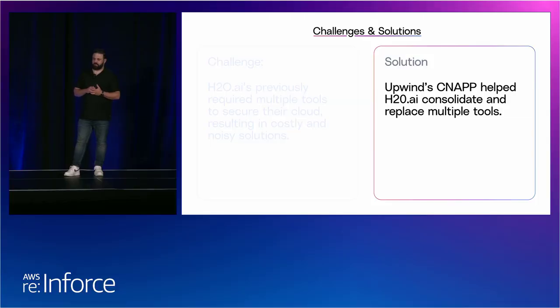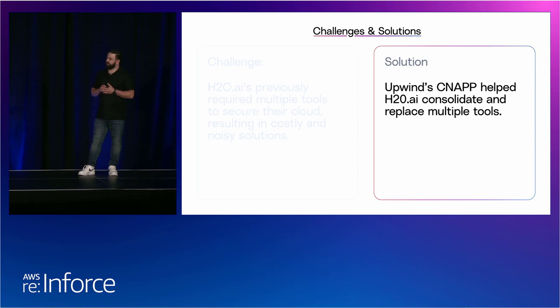Yeah, so as you said, I think the key takeaway that I got from the process of migrating into Upwind is that we always look at the price of the platform that we're buying. We have a yearly fee that we pay the platform, but we never look into the resources that it's consuming in AWS.